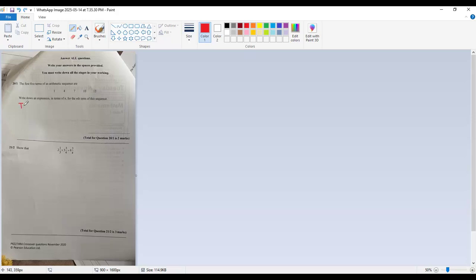The general formula for arithmetic sequences is given by Tn equals a, the first term, plus open brackets n, that is the nth term, minus 1, and don't forget your common difference, d.